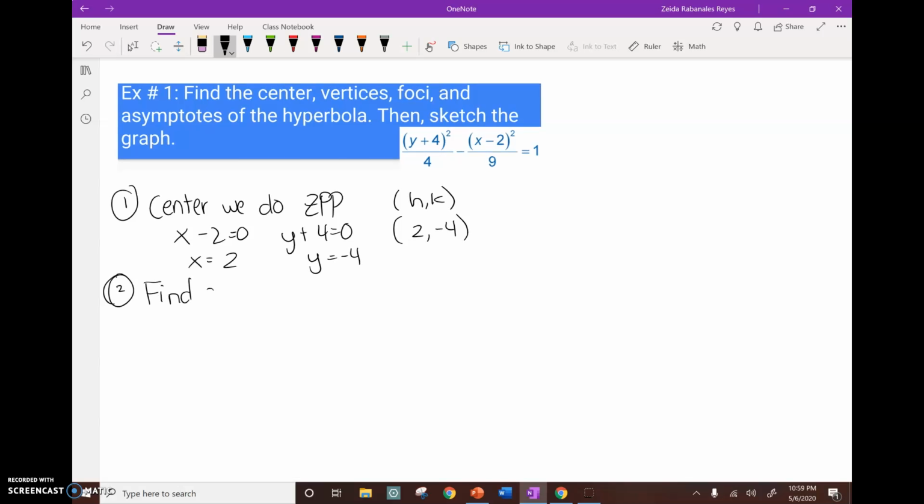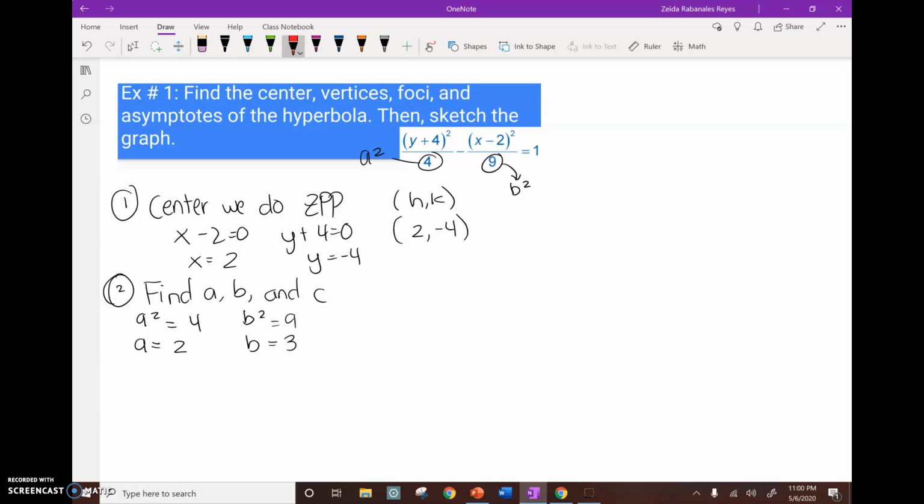find A, B, and C. And then remember that this is a square and that's b square. So a square is equal to 4, a is equal to 2, b square is equal to 9, b is equal to 3.